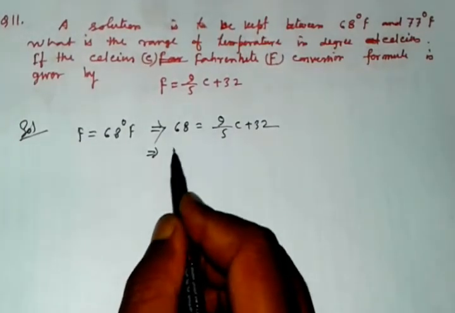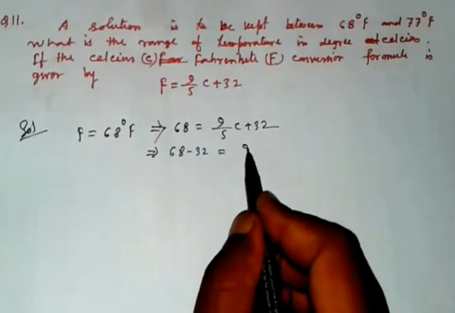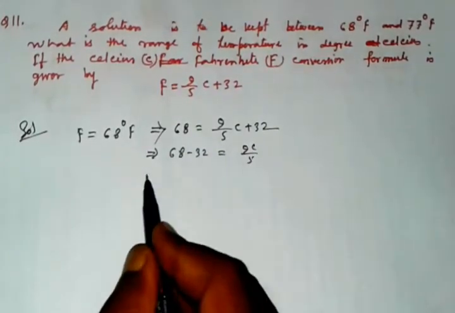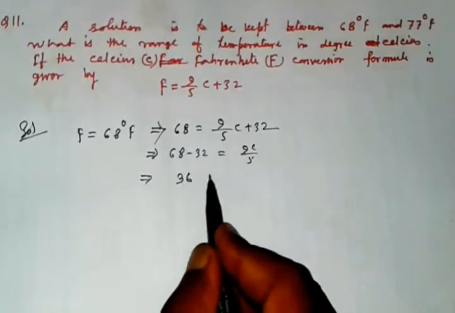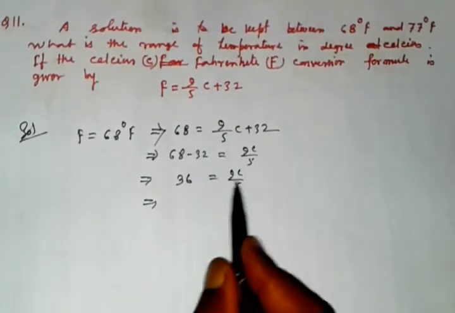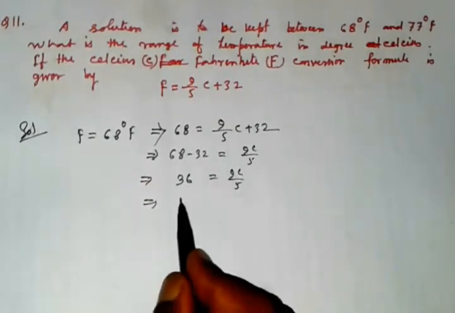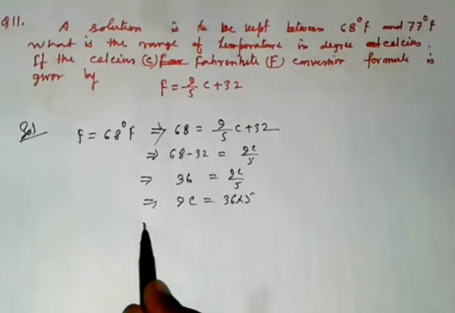This implies 68 minus 32 is equal to 9C by 5. This is 36 equals 9C by 5. By cross multiplication, 9C is equal to 36 into 5.